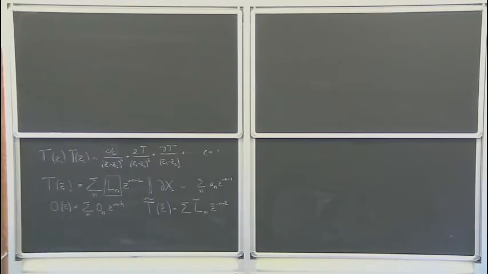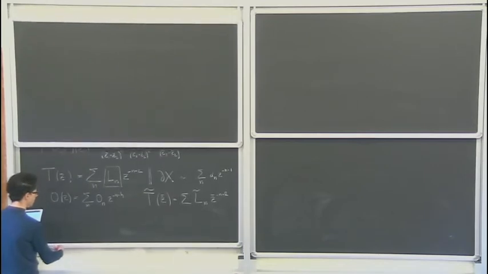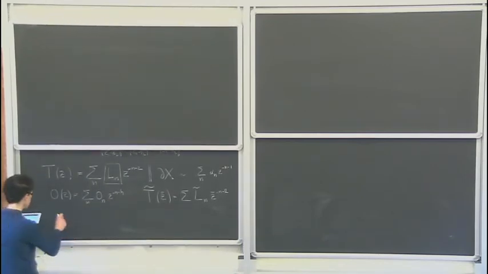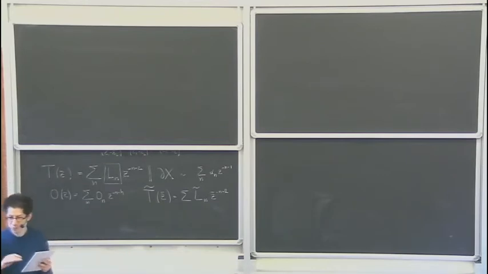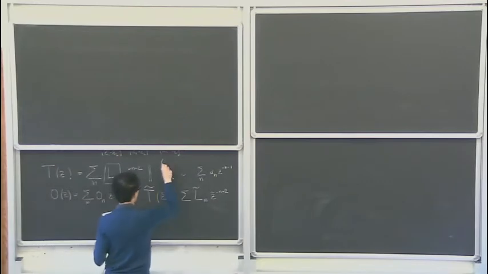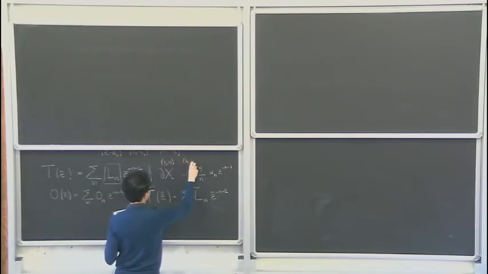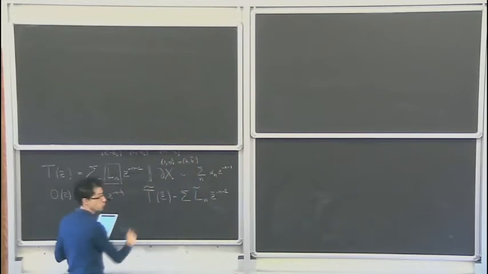So a primary operator is determined by h and h bar, right? The examples I'm giving you are kind of special because one of the two is 0. So this delta x, as if you let me write h bar, this is (1, 0).